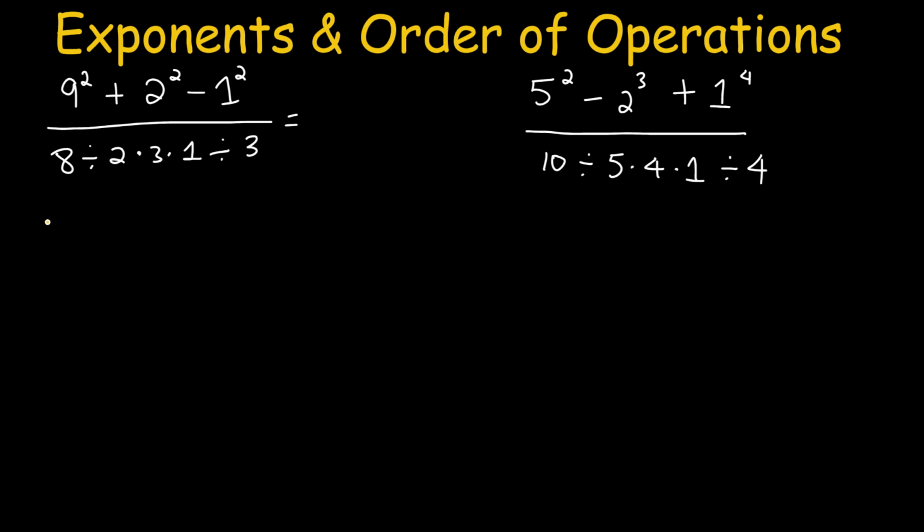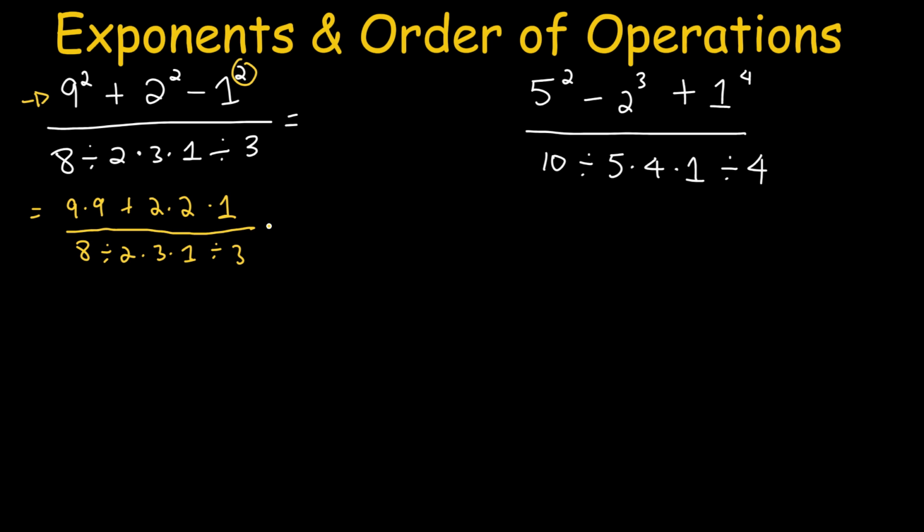All right, so let's go ahead and try solving these problems. First, let's keep our problems well organized. That's what we need to do to avoid any mistakes. So 9 times 9, this will be 2 times 2, and 1 to the 1 times 1 will simply be 1. All right, so next, let's rewrite this again. 3, 1 divided by 3.